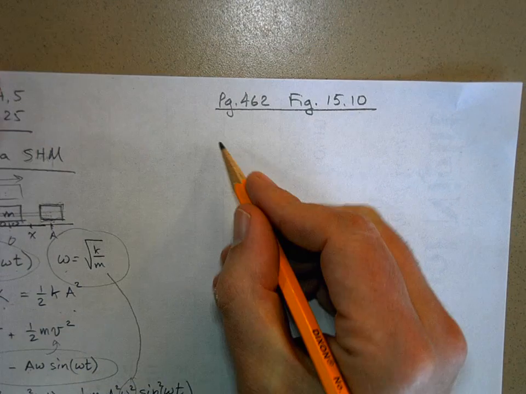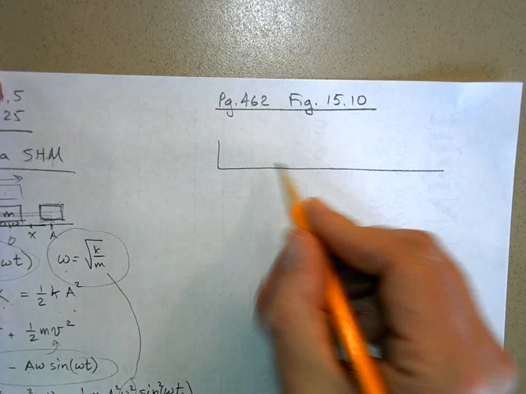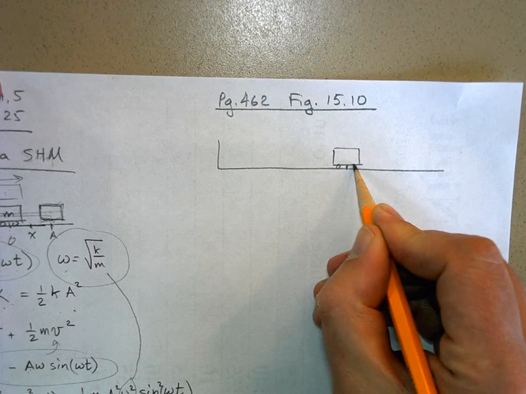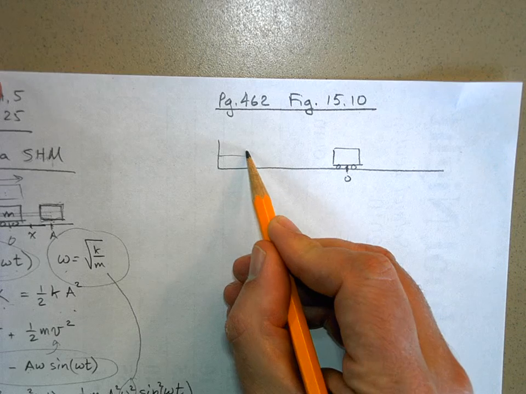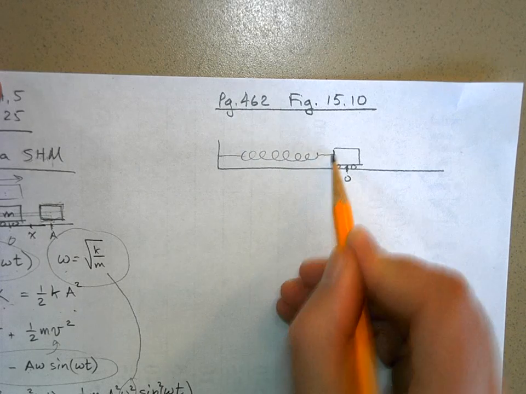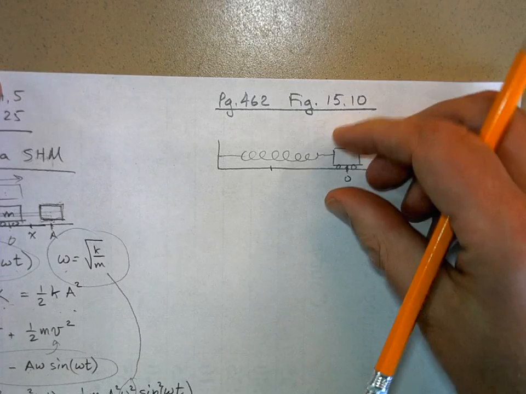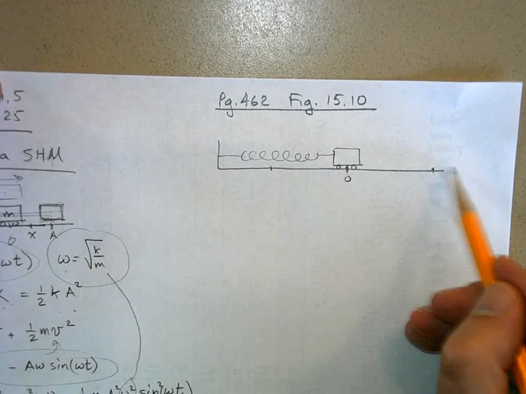I'm going to exaggerate my mass spring system. So here's my mass at the equilibrium point. There's x equals 0 right there. And here's my spring. And let's let it oscillate from here to here. So I'm going to pull this thing out like this and release it, and it's going to oscillate back and forth like this.